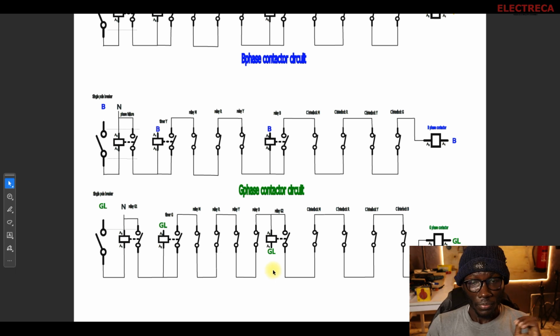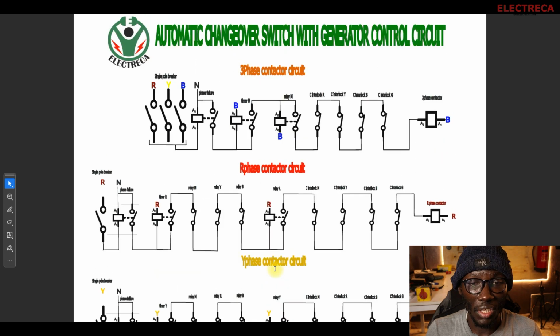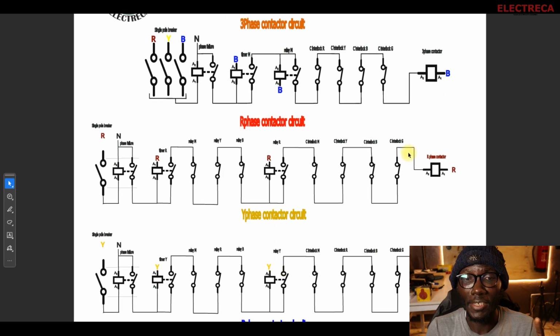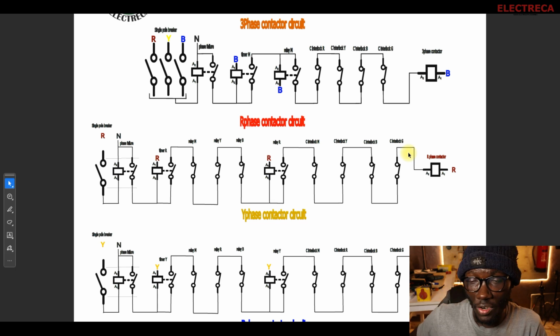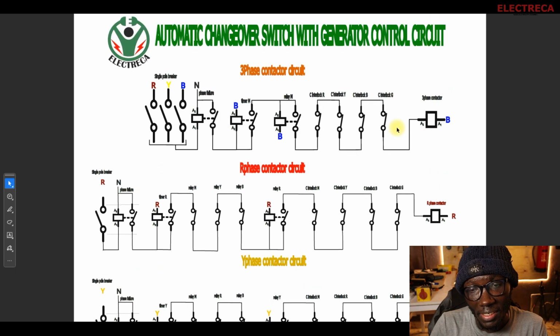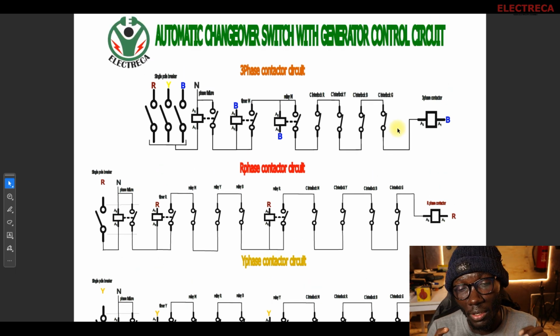Now, the other thing we may talk about here is the flow of this circuit. In this circuit, I have wired neutral.